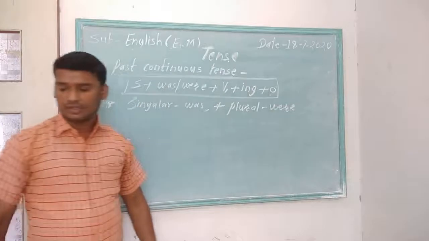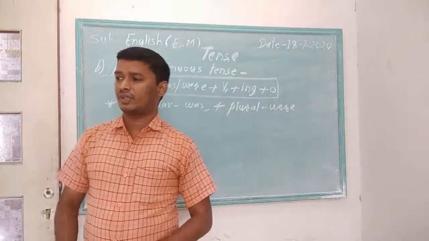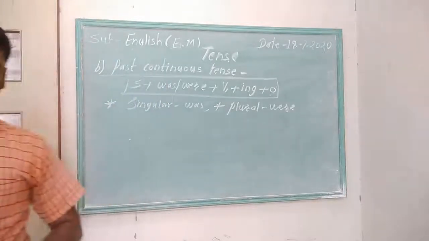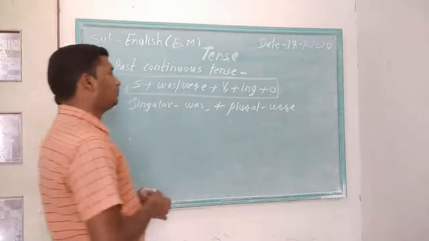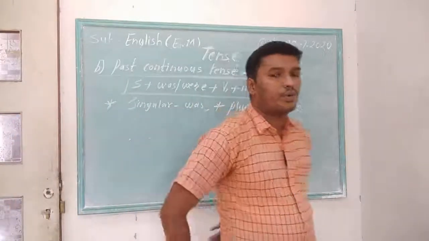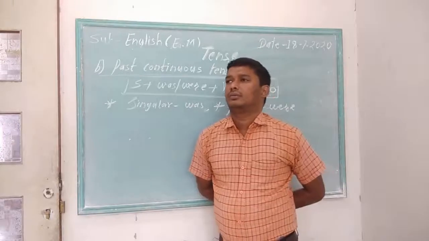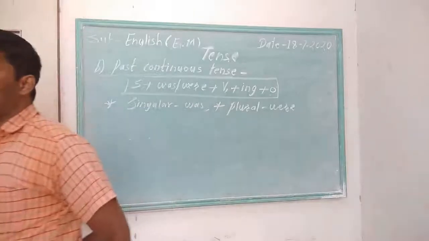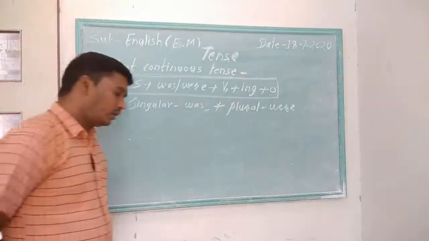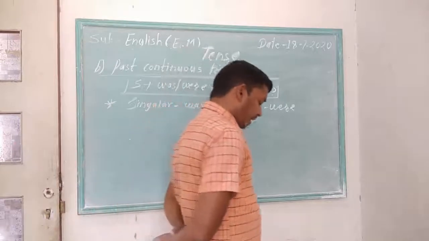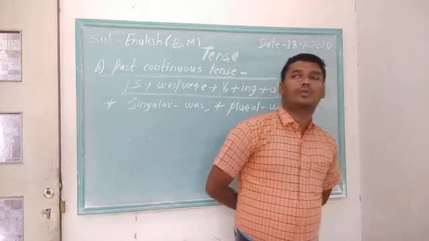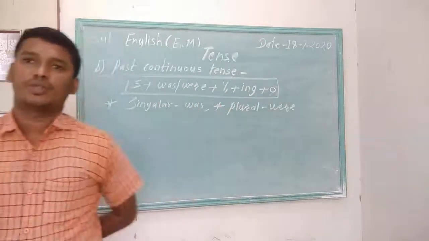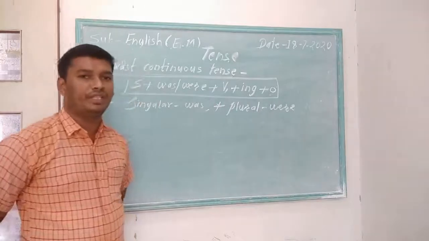Okay, write down the information about this tense, then the structure. This tense is used to express such action which was going on at the time of speaking in the past.